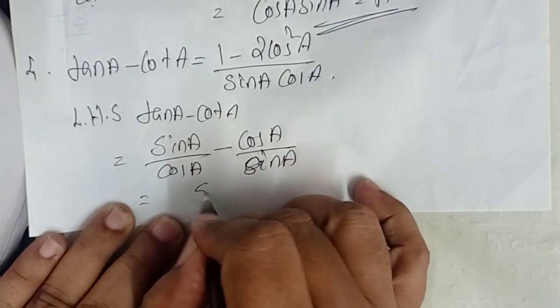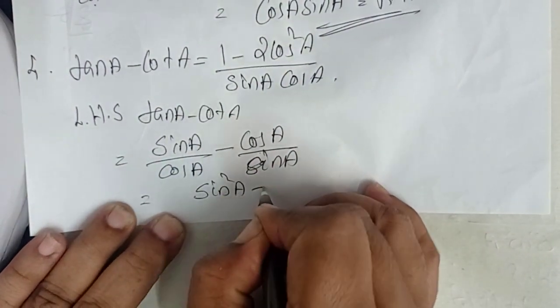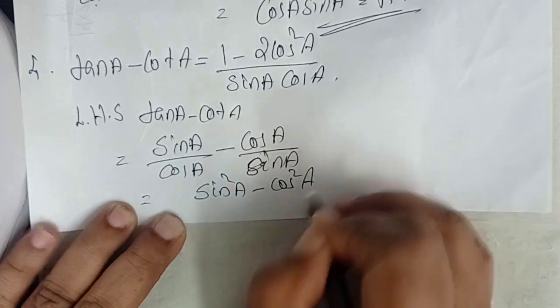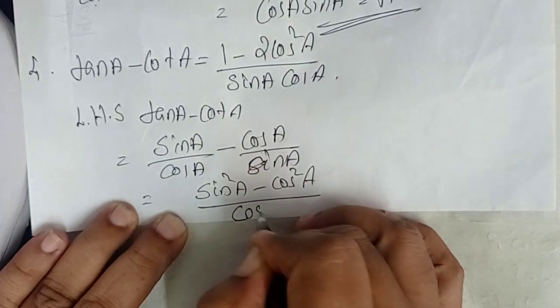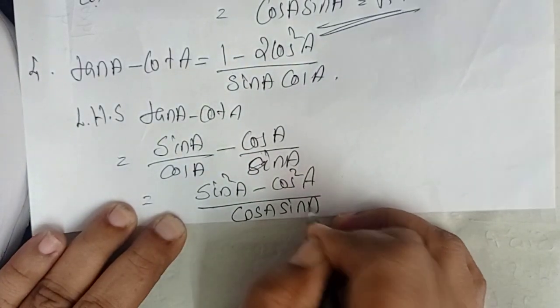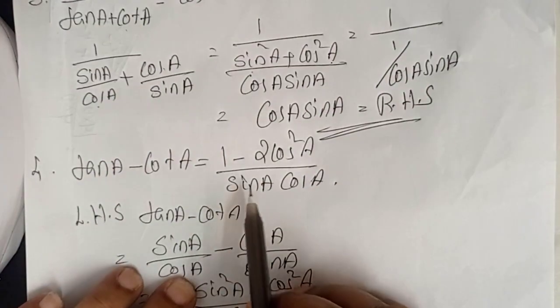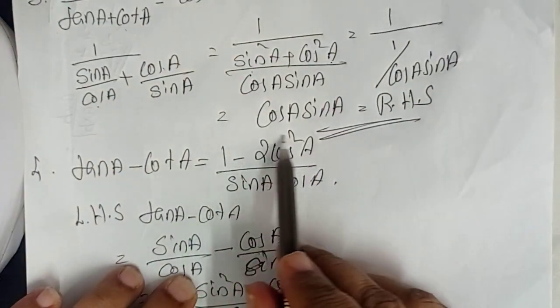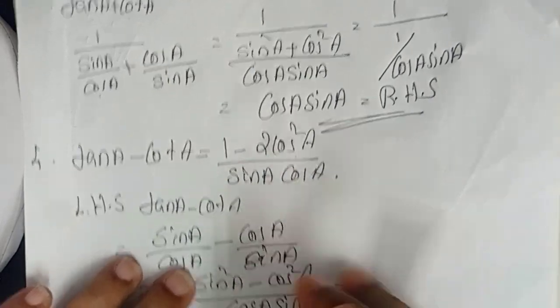Sin A into sin A, sin square A, minus cos A into cos A, cos square A, by cos A sin A. Look here, but in the RHS, no sin square term, only cos square.